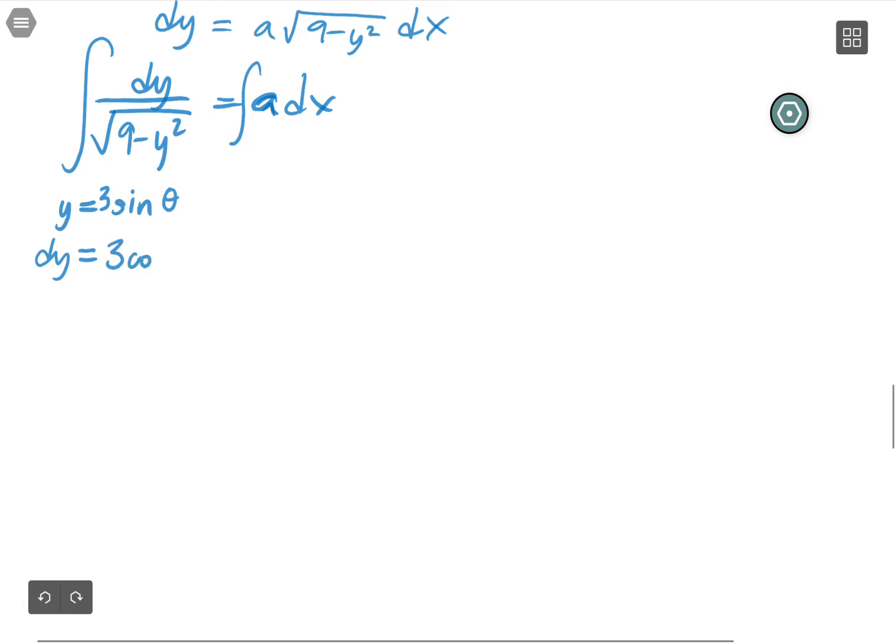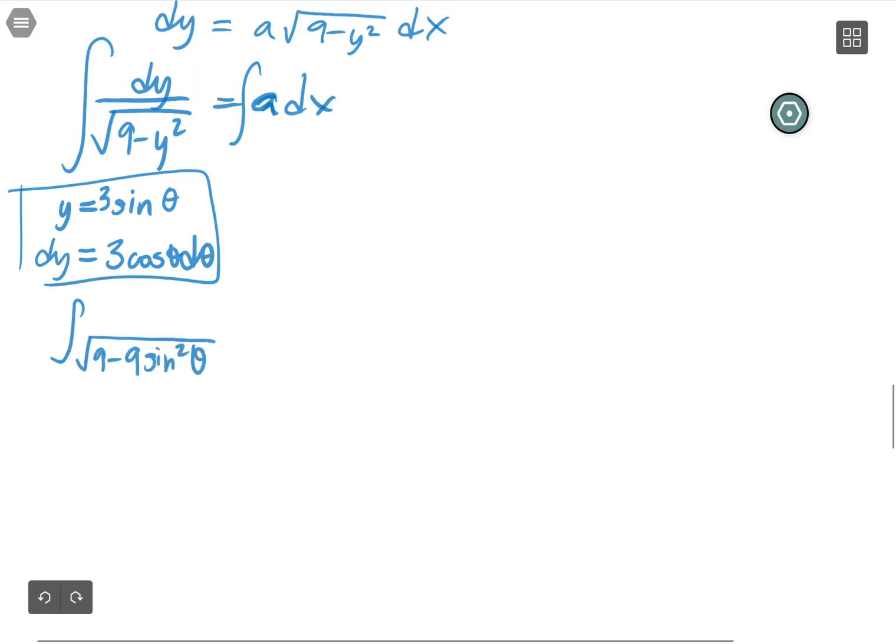So dy is 3 cosine theta d theta, which means I have the integral of the square root of 9 minus 9 sine squared theta on the bottom, and dy, 3 cosine theta d theta, on the top.